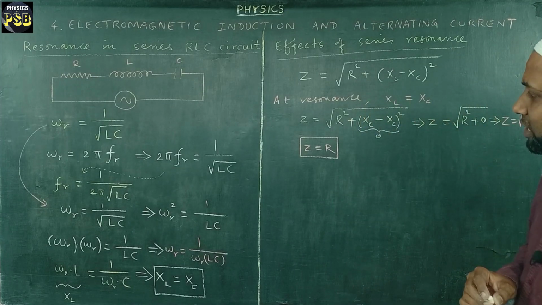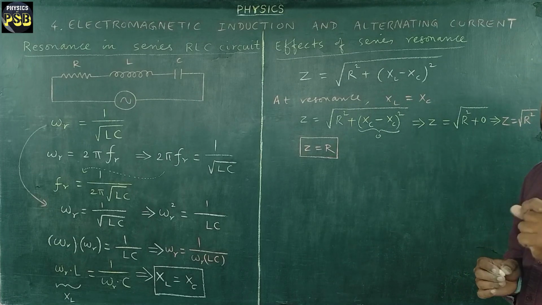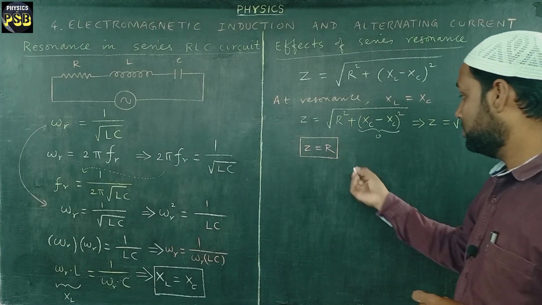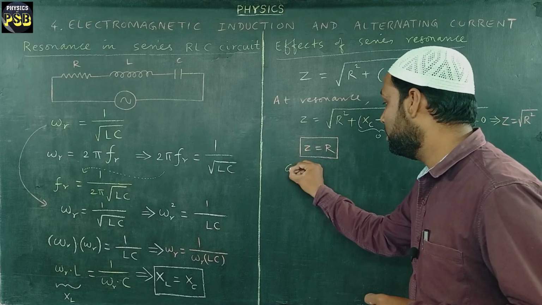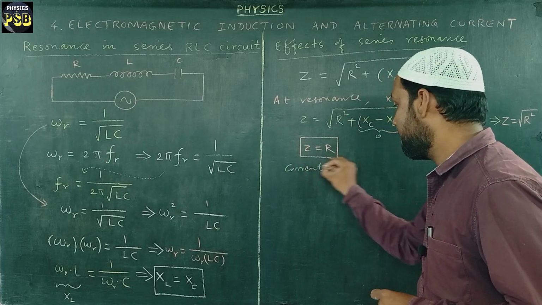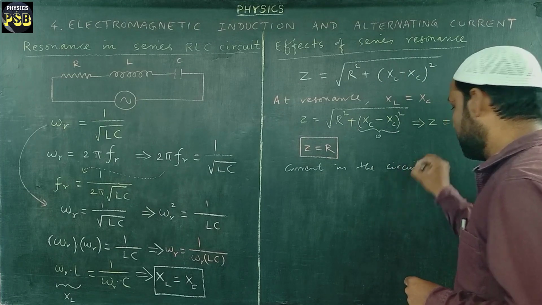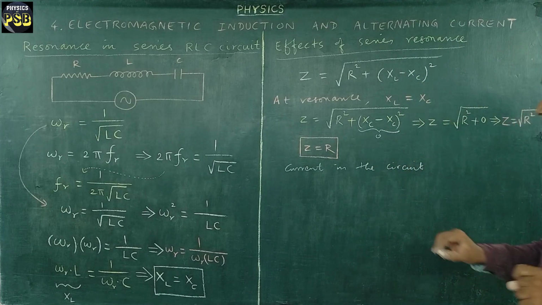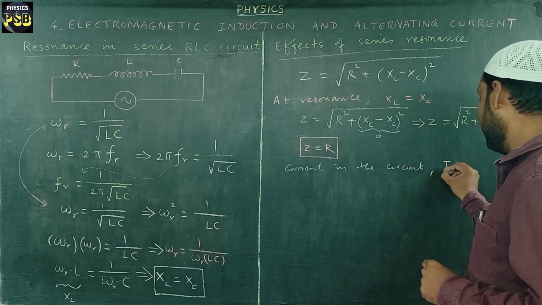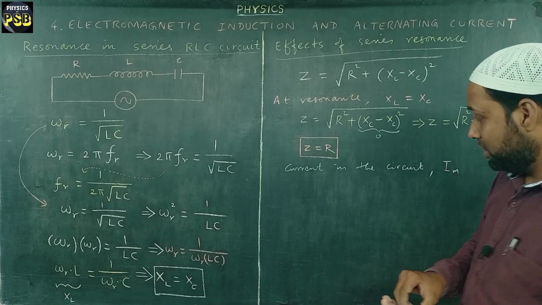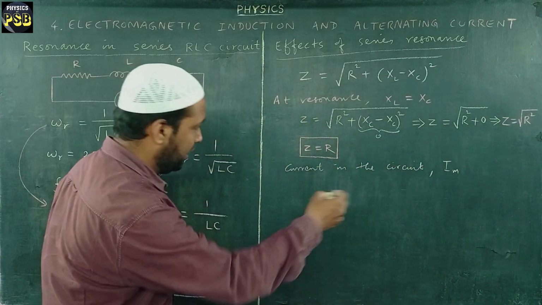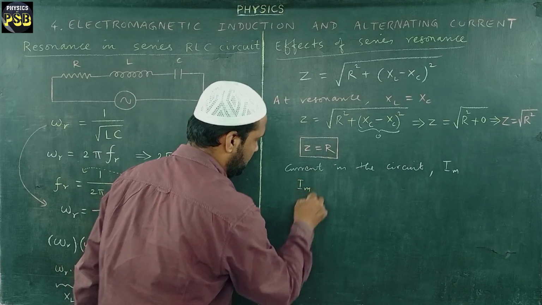Therefore, the current in the circuit becomes maximum, and that maximum current is represented by the letter IM. Here the value of IM, the maximum current, is obtained.